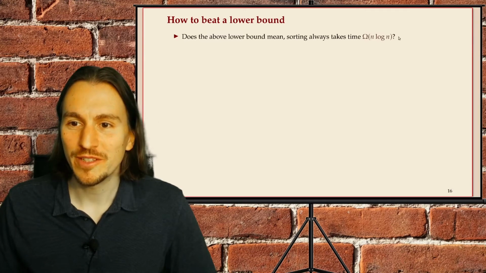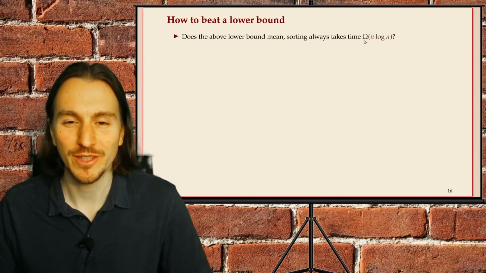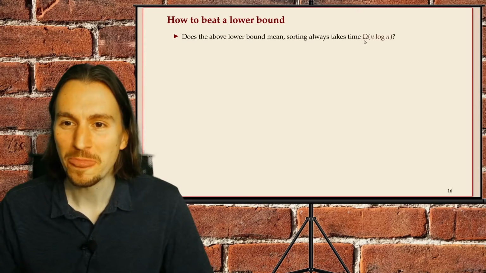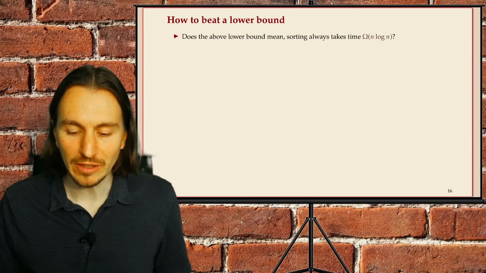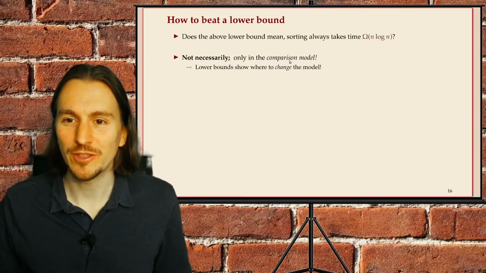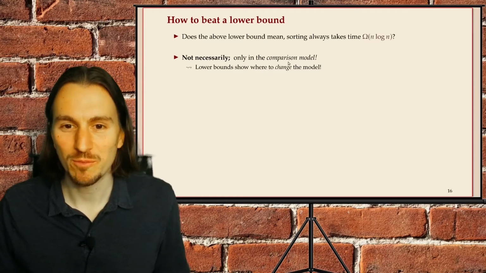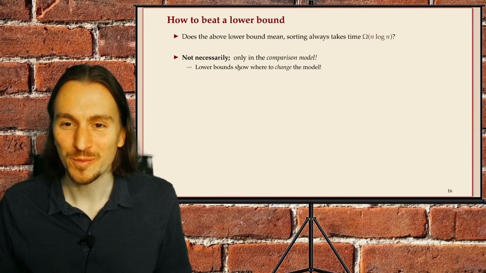So we've seen this lower bound of n log n comparisons, and that of course also means n log n running time because we have to execute these comparisons. But does that mean sorting always takes that time? And the answer is not necessarily, because it only applies to the comparison model. And if your algorithm is not in that model, who knows what's possible?